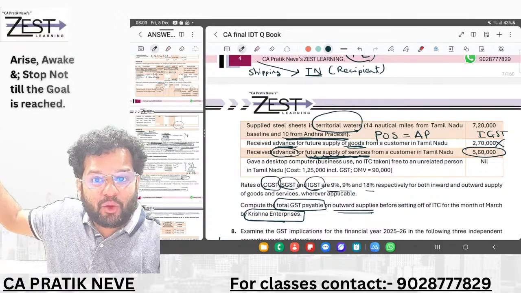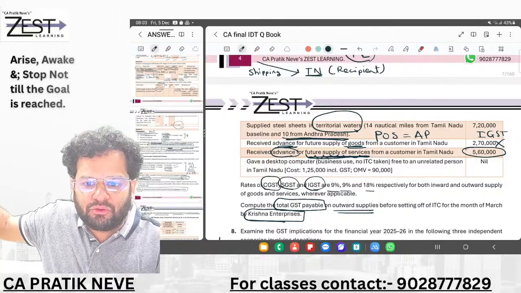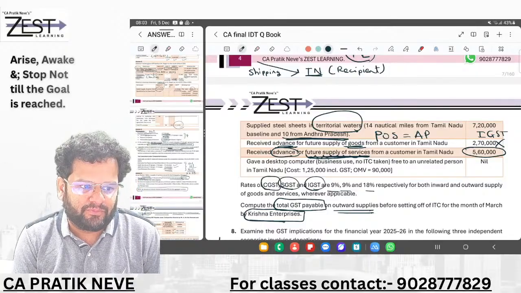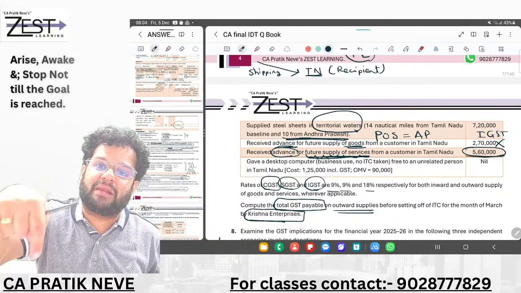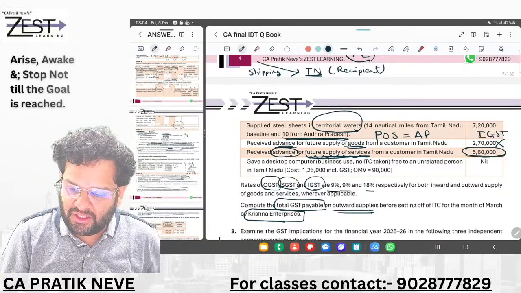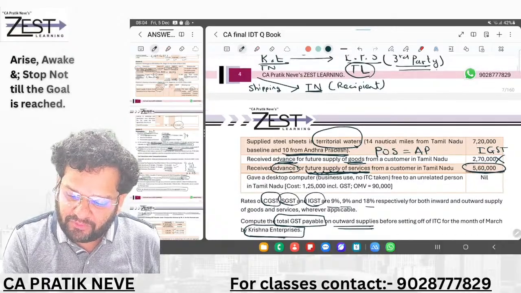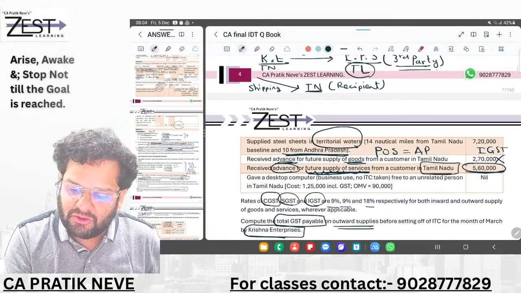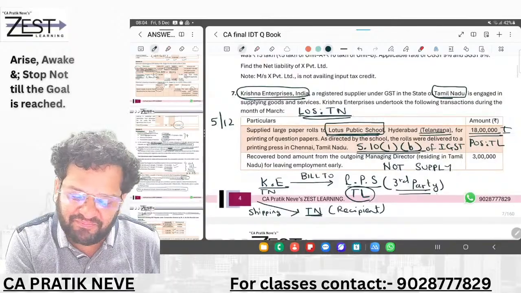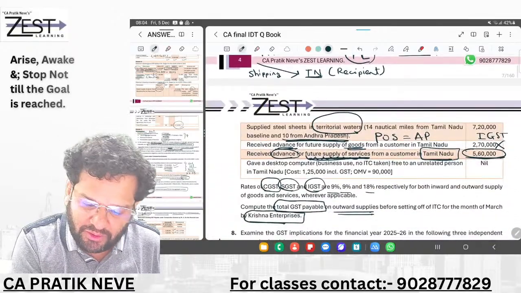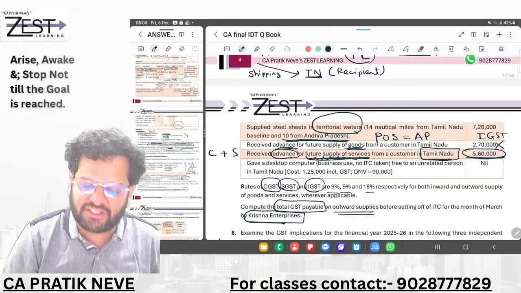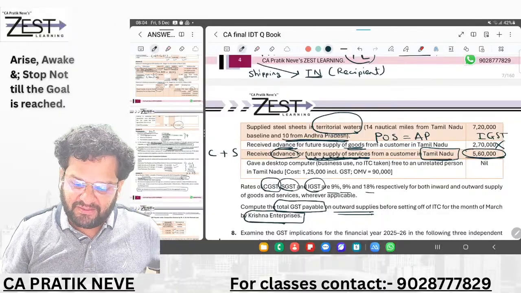Yesterday's banquet hall example, I hope all of you remember. So for this 560, the supply happens right now. Now the customer is in Tamil Nadu. I'm assuming place of supply will be Tamil Nadu only. Location of supplier is also Tamil Nadu. So in this case, you will have CGST plus SGST.